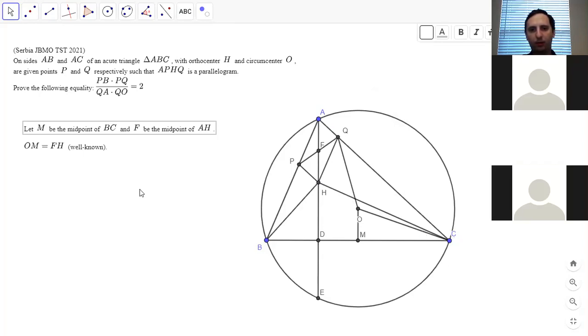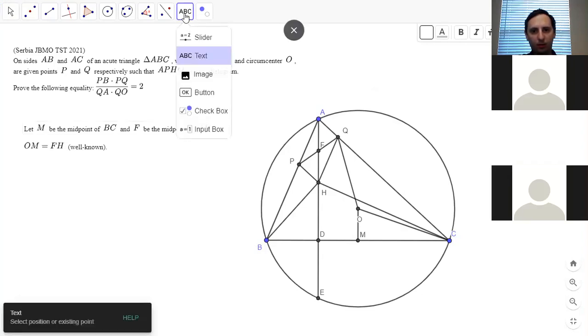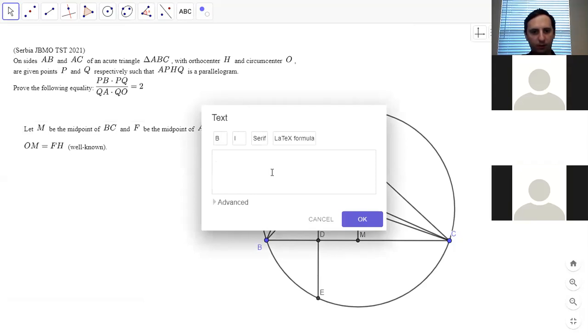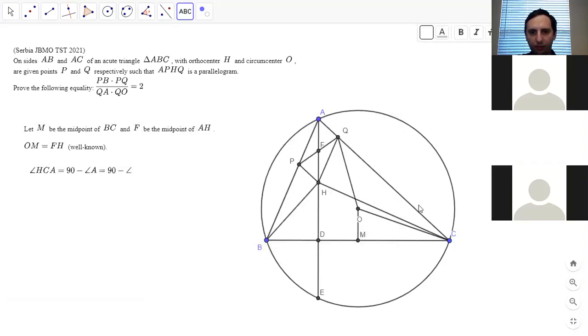So I'm going to write this out. So we have angle HCA is 90 minus angle A, which is 90 minus angle HQC.